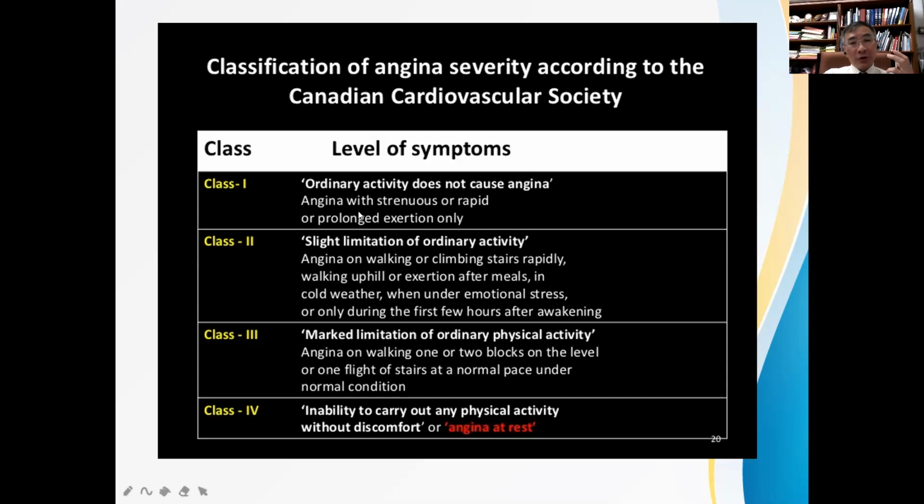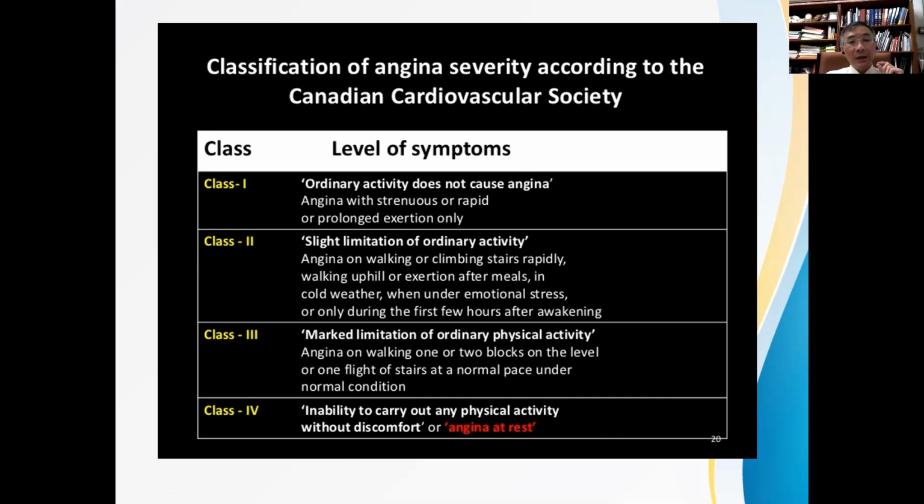Now, the way to grade angina is to use the Canadian Cardiovascular Society classification. In class 1, the patient is able to do ordinary activity which causes no discomfort. Angina only comes on with strenuous, rapid, or prolonged activity. In class 2, there is a slight limitation of ordinary activity, such as difficulty climbing stairs, walking uphill, especially when under stress, during the cold weather, perhaps.